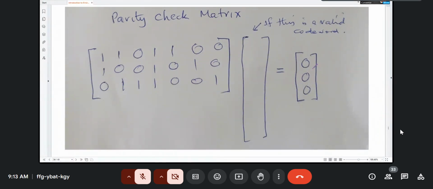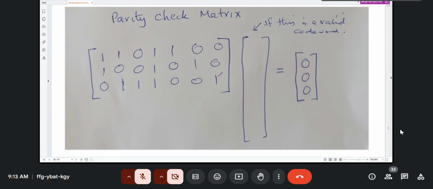It's the same thing, there is no difference. But with what I want to demonstrate, it is better that you do it this way because I want to talk about the columns of the parity check matrix.